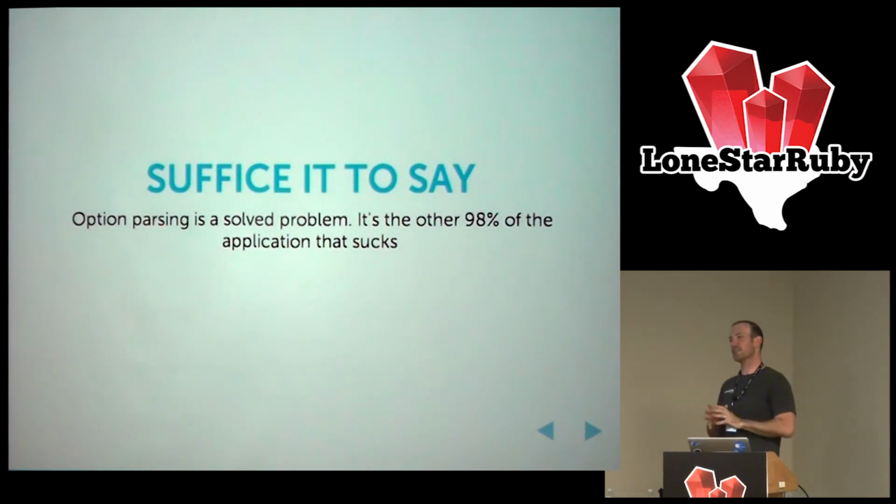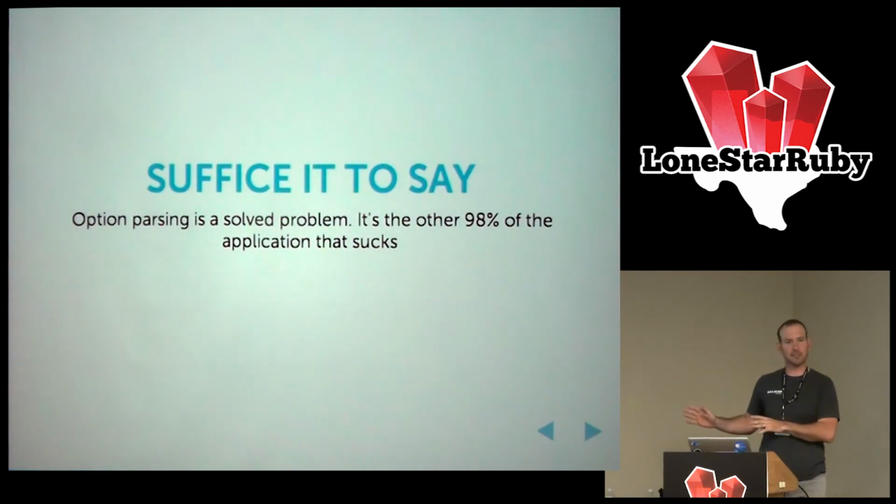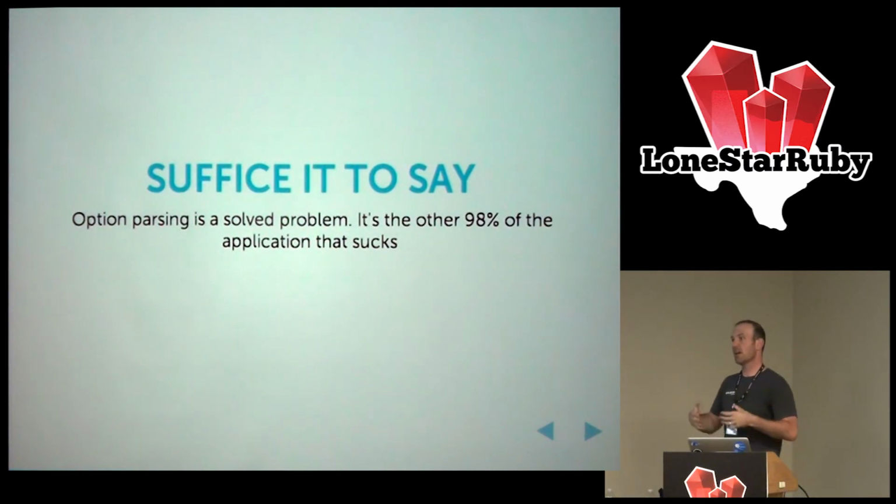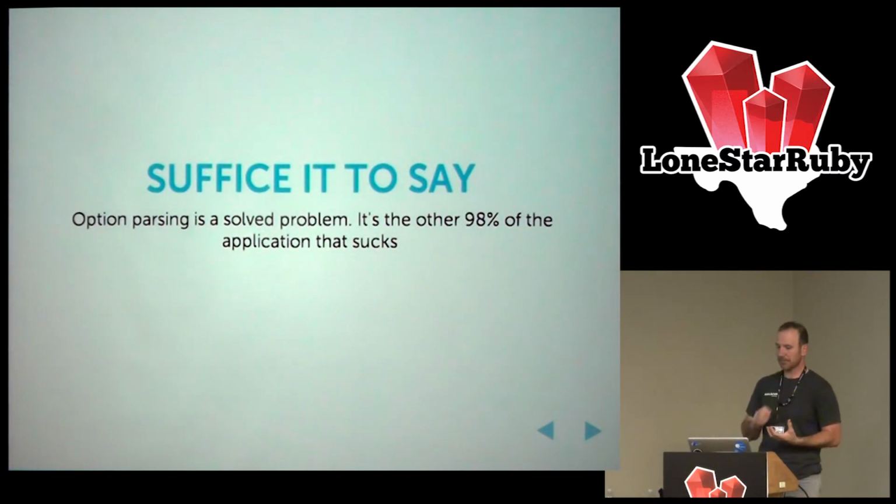I'd even go so far as to say that this is a completely and totally solved problem. The problem with command line applications is not the conversion of strings into hashes. It's literally everything else that I just described, because ultimately you're developing an application, and that's only one part of it.